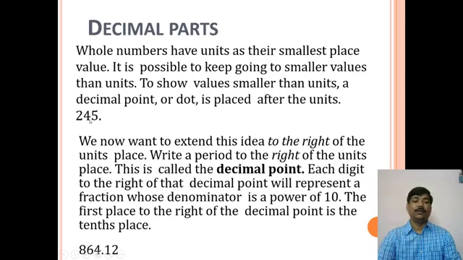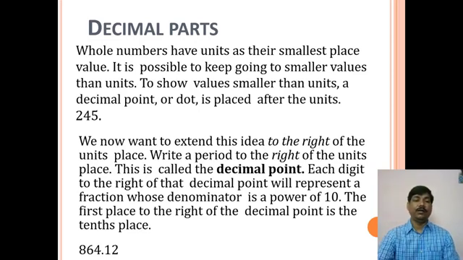The place value of 4 is less than the place value of 2, and the place value of 5 is less than that of 4. But to represent the place value of a digit less than 5, we have to mark a dot, that is a point, and we write a digit after this point.